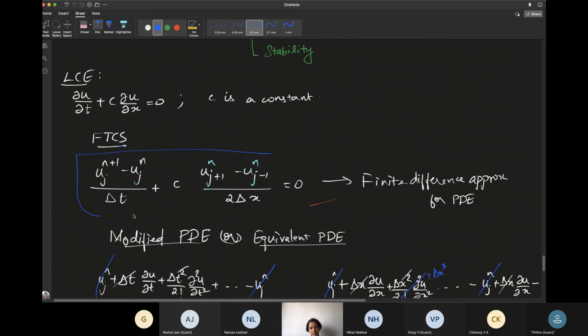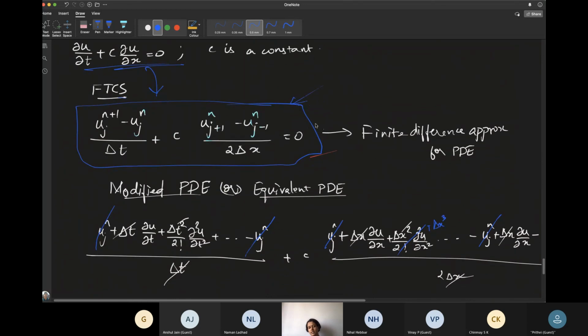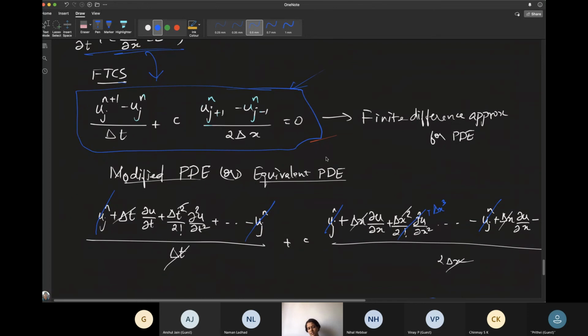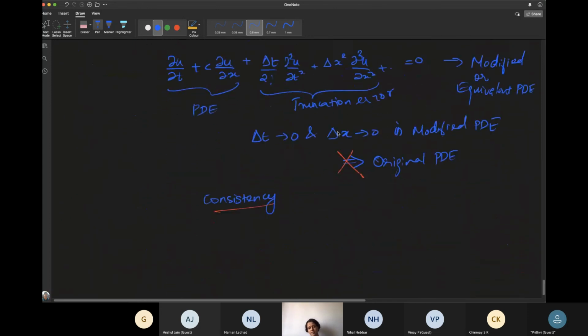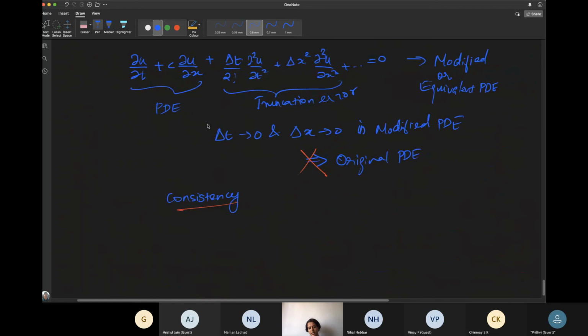We don't actually do this construction right away from the PDE. If you go for complex equations, then this is not usually done. So in that case, to see whether your approximate equation is consistent with your PDE, you have to go through this analysis and then check. So this is the condition for that.